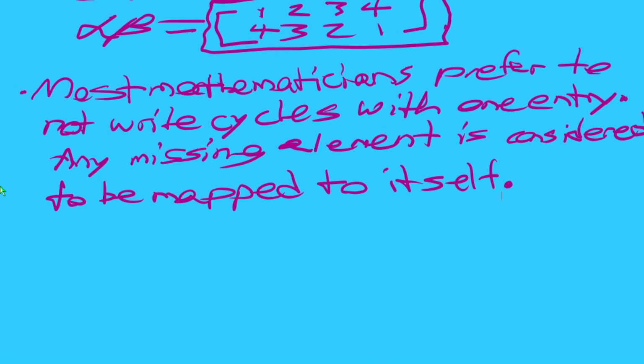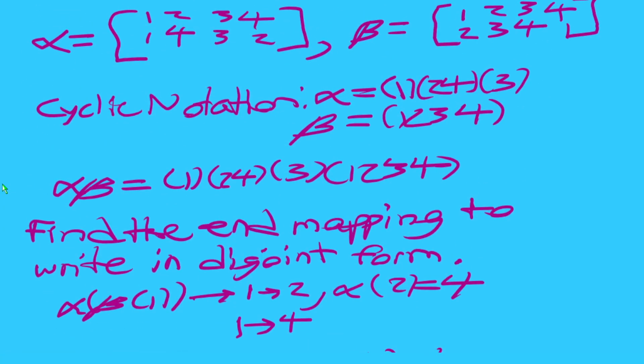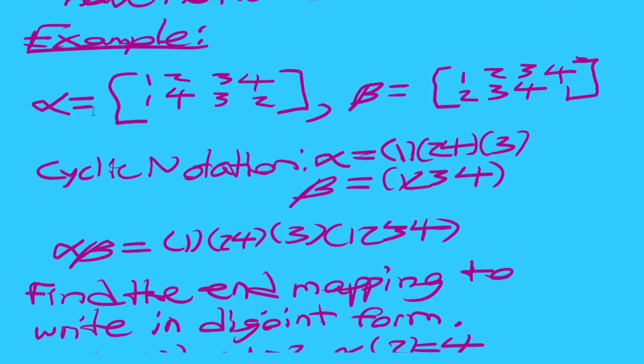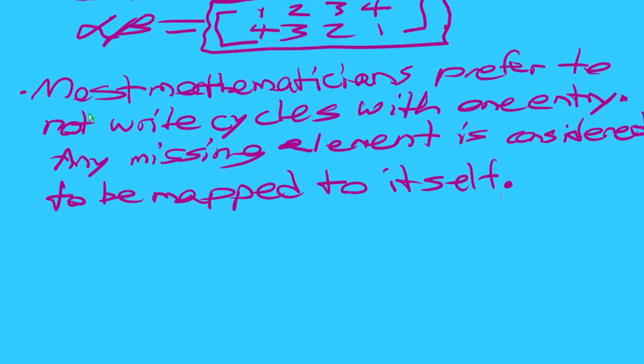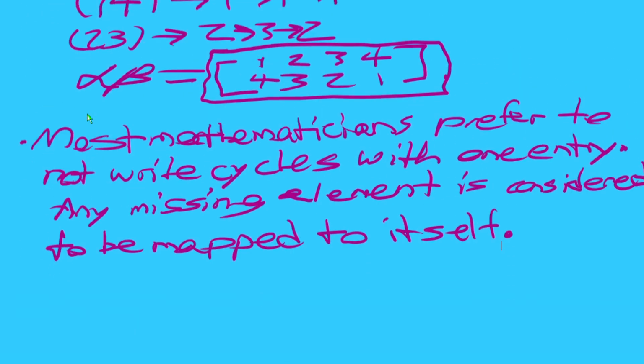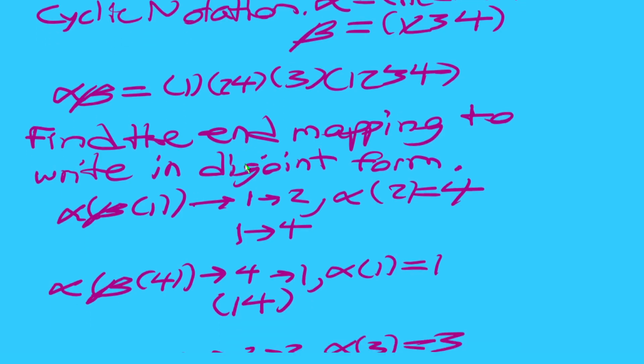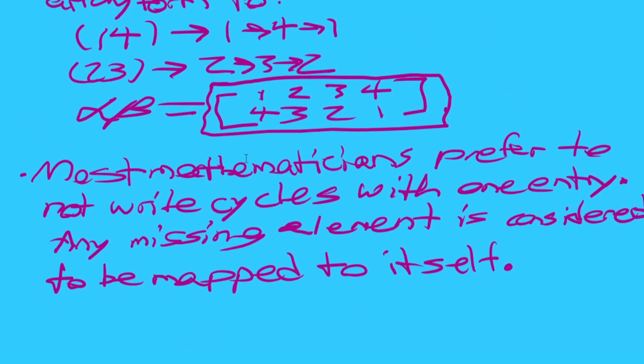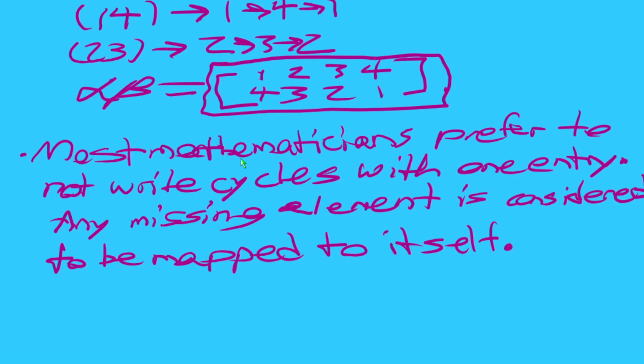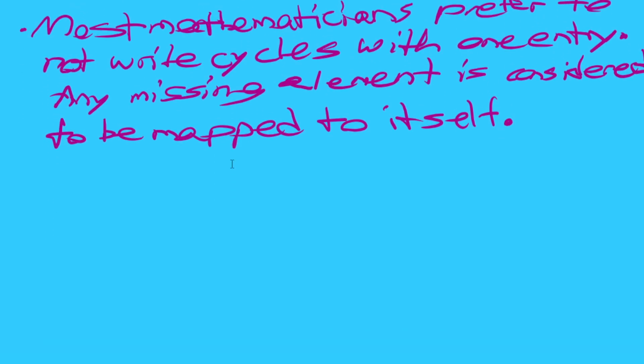So basically what this is saying is, let's scroll back up here. You see in alpha right here we have 3 goes to 3. So if we were to write that out in cycle form, we could just remove this 3 cycle right here, because we really technically don't even need to write it. So, because it's considered to be mapped to itself. All right.